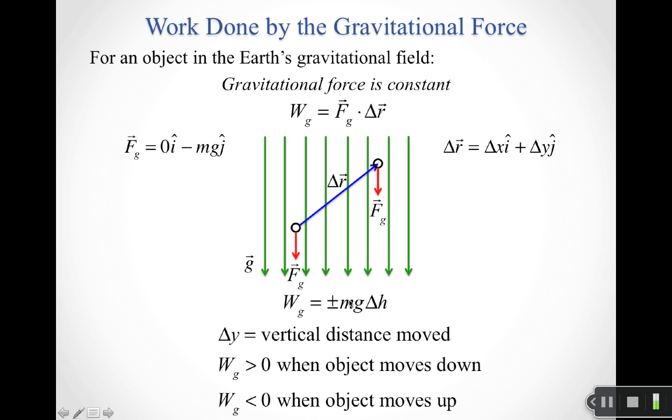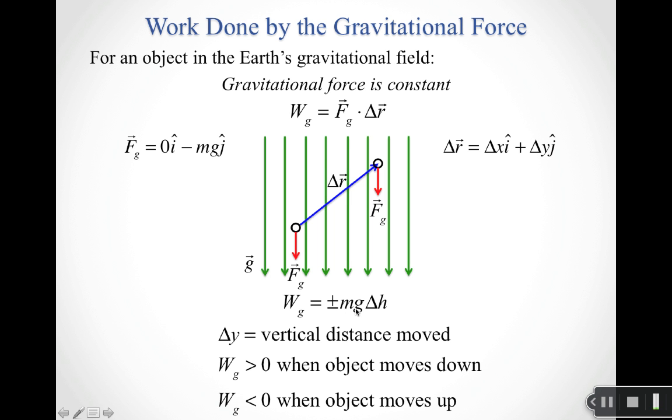So this should be delta h, not delta y here. But that positive distance, and so multiply these 3 things together, I'm going to get a positive number, and then I'm going to take care of the sign. So obviously I will let the sign be positive when my object moves down. We'll let the sign be negative when my object moves up.